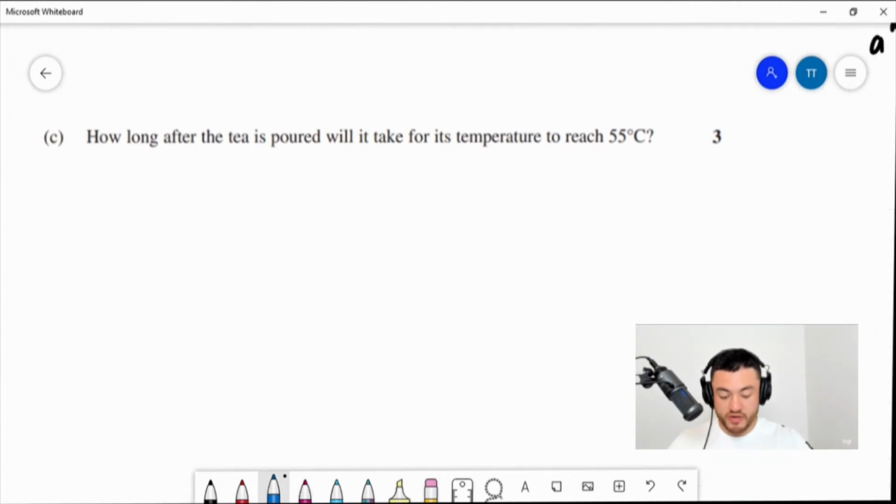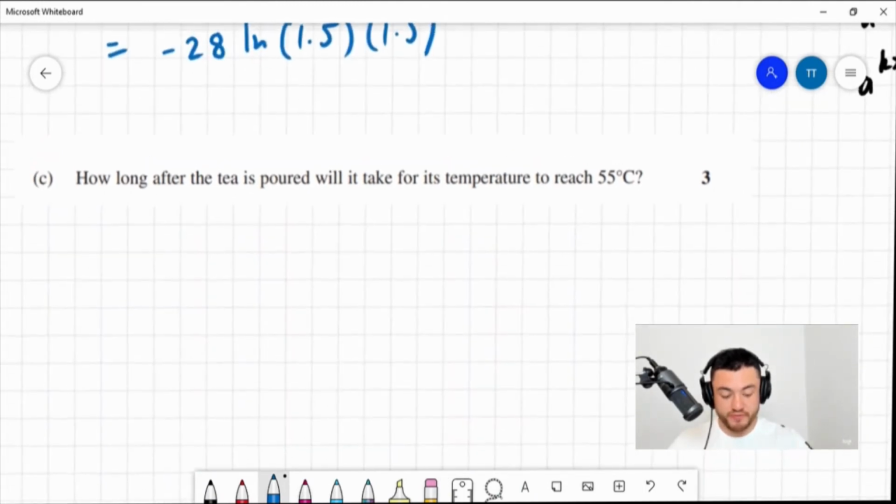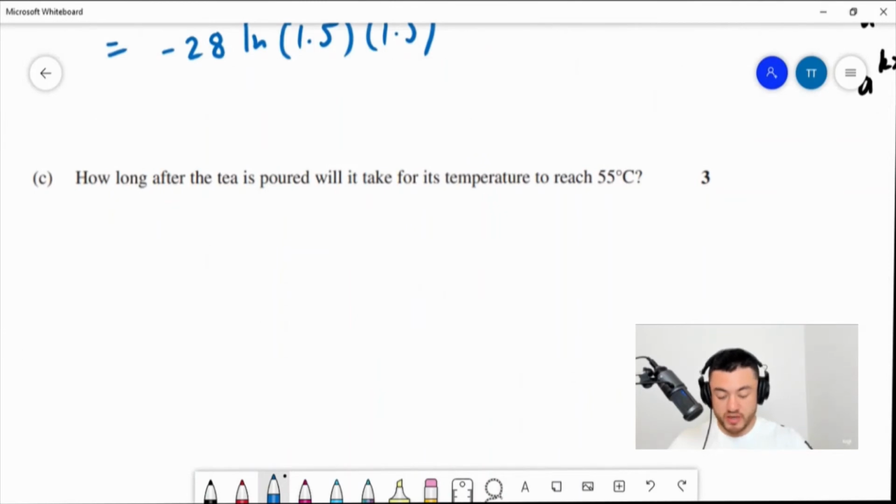All right, and part C for 3 marks, how long after the tea is poured will it take for its temperature to reach 55 degrees? So again, just like the word rate was synonymous with differentiating, the word how long, and particularly when we're dealing with an exponential, the time is always going to be in the power. So this should ring the bell to say that we are going to be taking logs of both sides in order to get the t variable outside the exponent.